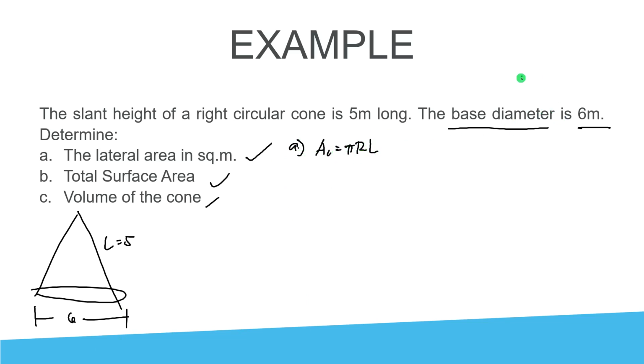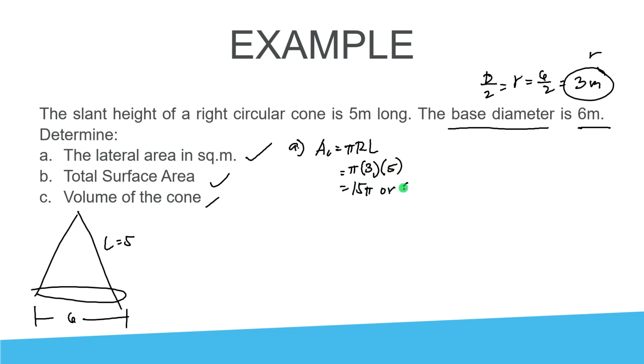If the diameter is 6, one half of that is your radius. So 6 over 2 is 3 meters. That's your radius, r. So pi times 3 times the slant height L, which is 5. That's 15 pi, or 47.124 square meters. That's your lateral area.